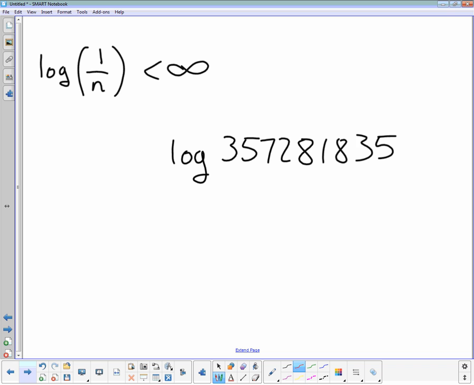Whatever this number is, let's call it n. n is between 10 to the 10th and 10 to the 9th, somewhere falling in between those two numbers, right? So let's take the log of this thing. What do we get?